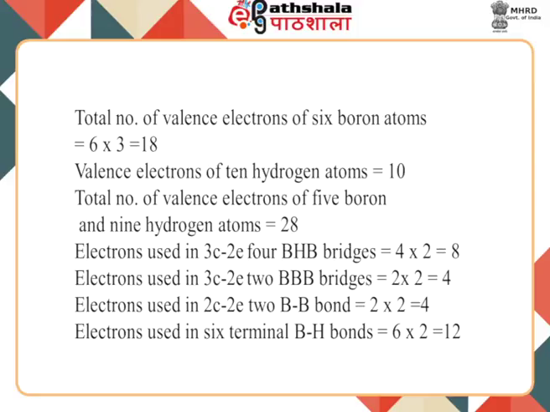Electrons used up in 3 center 2 electron 4 BHB bridges is 8. Electrons used up in the 3 center 2 electron 2 BBB bridges is 4. Electrons used in 2 center 2 electron 2 BB bonds is 4. Electrons used in the 6 terminal BH bonds is 12.